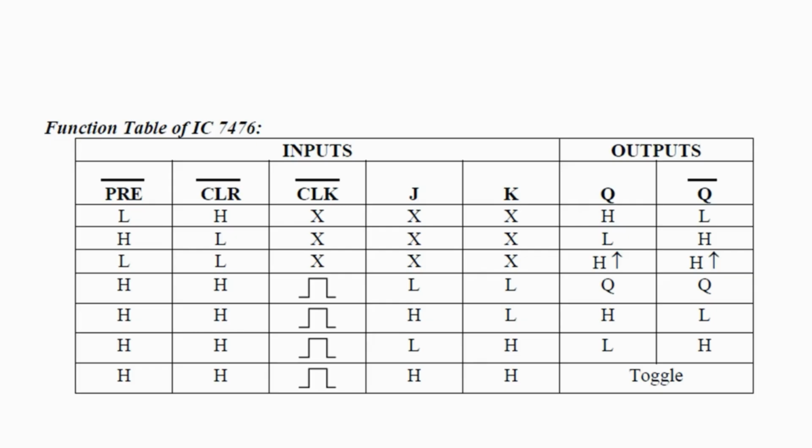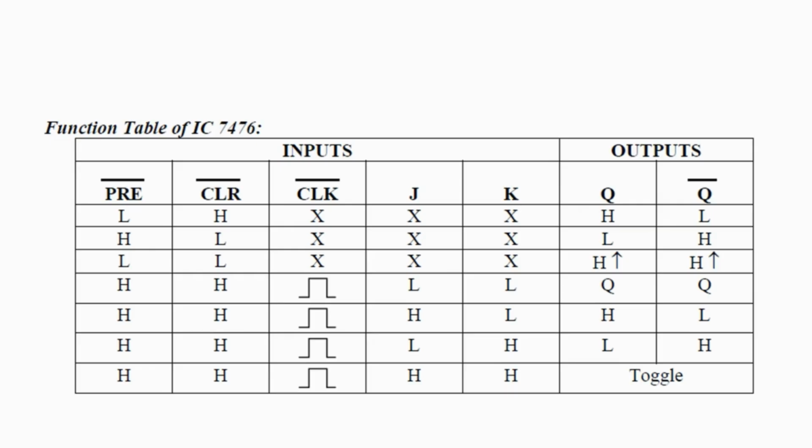The first three rows of the function table depict the other operations of the JK flip-flop. The fourth row highlights the normal operation of a JK flip-flop. Both preset and clear are kept at their high position. Then the clock signal is applied and the JK value is LL, meaning 00.